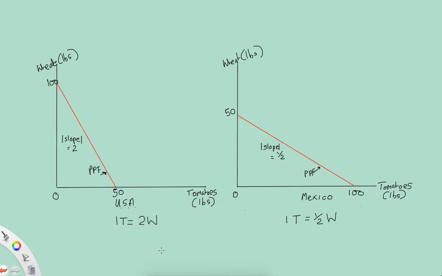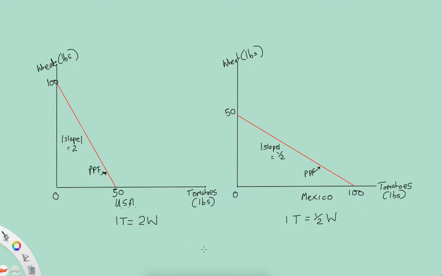We know that the US is very good at making wheat and Mexico is very good at making tomatoes because we can see that from the production possibility frontiers, but we don't know about the demand conditions in the two countries, whether the US is crazy for bread and the Mexicans like nice salads or anything like that. So we have no model for demand conditions right now, and we do introduce that in chapter 4 of your textbook. So bear with me.